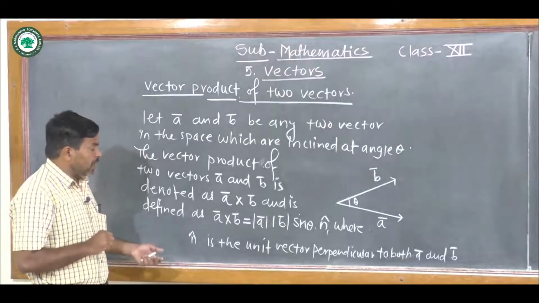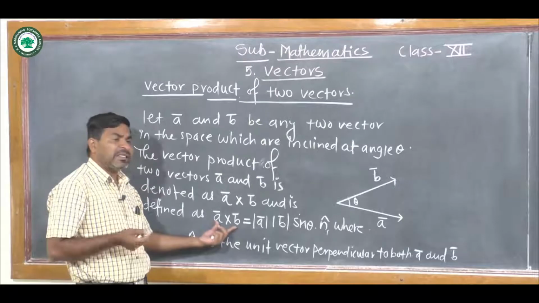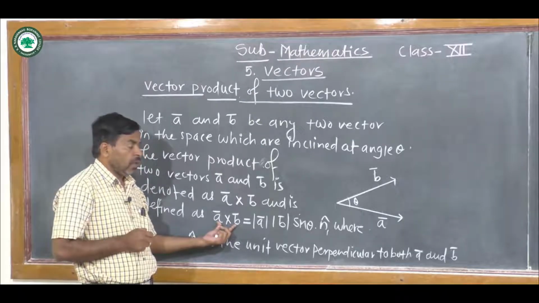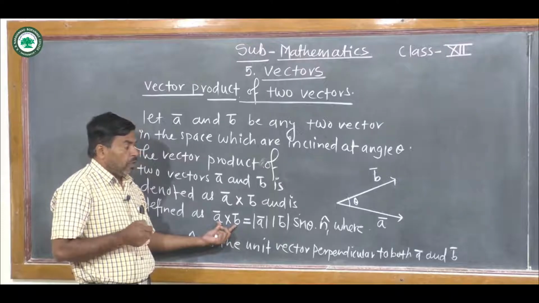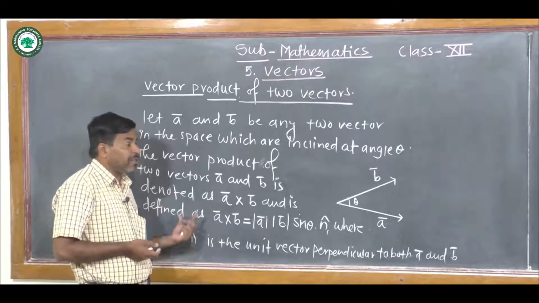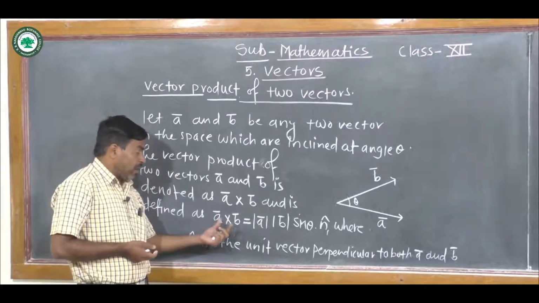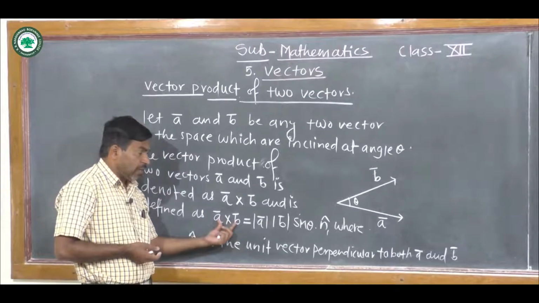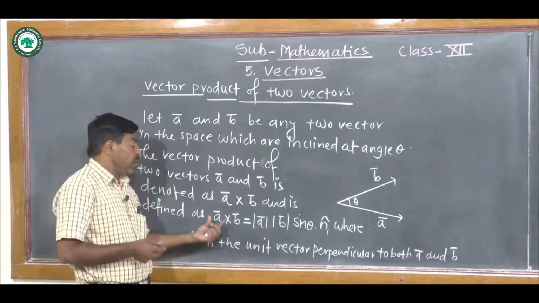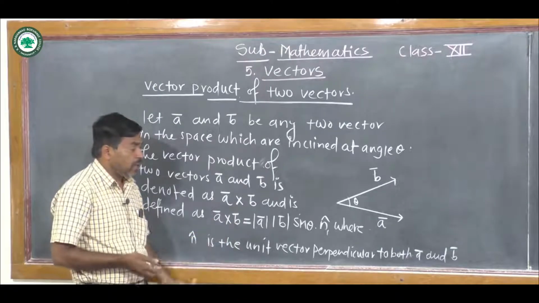In particular here, A bar cross B bar is a vector. We have seen dot product is scalar, but here vector product is vector. A bar cross B bar is a vector which is perpendicular to A bar and B bar, or the plane of A bar and B bar.